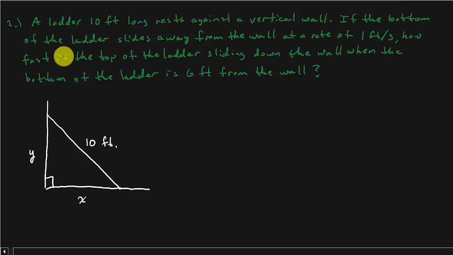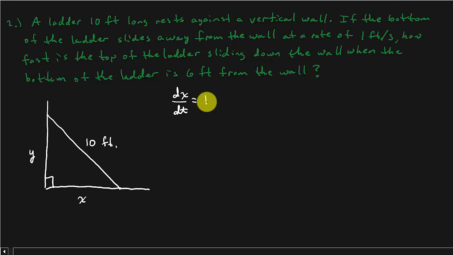If the bottom of the ladder slides away from the wall at a rate of 1 foot per second, that means the bottom is sliding this way at 1 foot per second. What is this? That's the change in X. The ladder is getting further and further from the wall. That's how fast X is changing. So dx/dt is 1 foot per second.